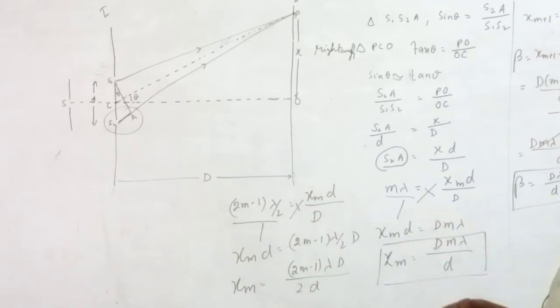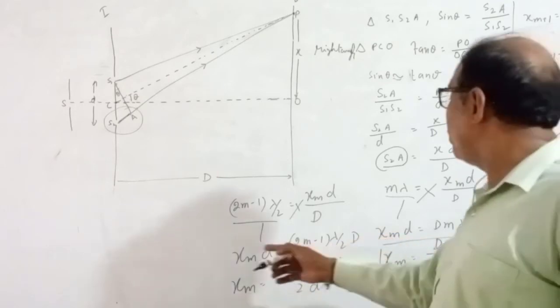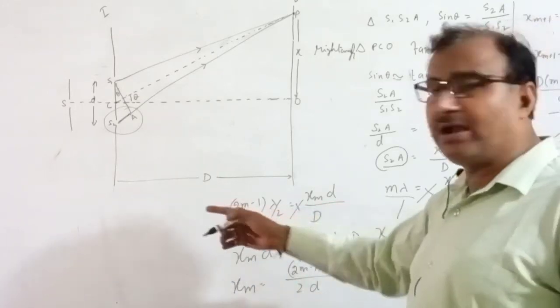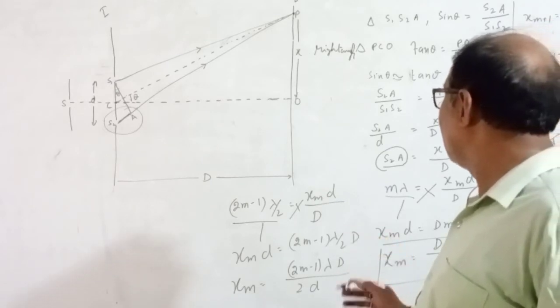Right? This can be written in another form. Lambda by 2 you can take inside, then it will become easier.